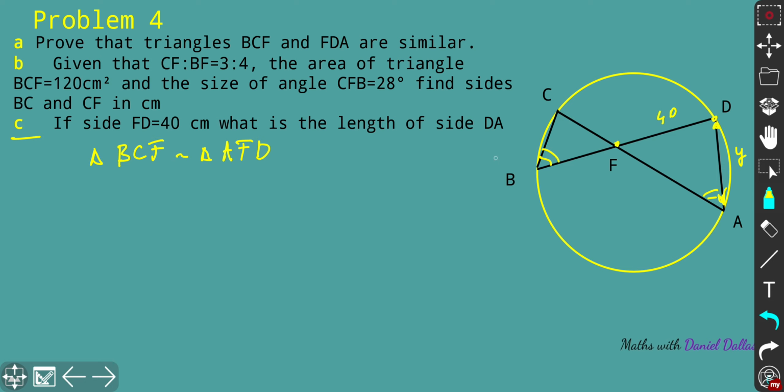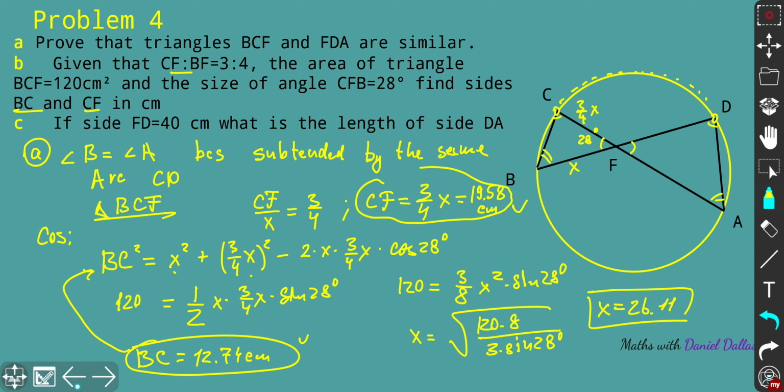So I just mark that: FD over CF, taking corresponding sides, is the same as DA, which is the base, so y over BC. So from where we can plug in the values. We know FD is 40, and CF was previously found, 19.58.